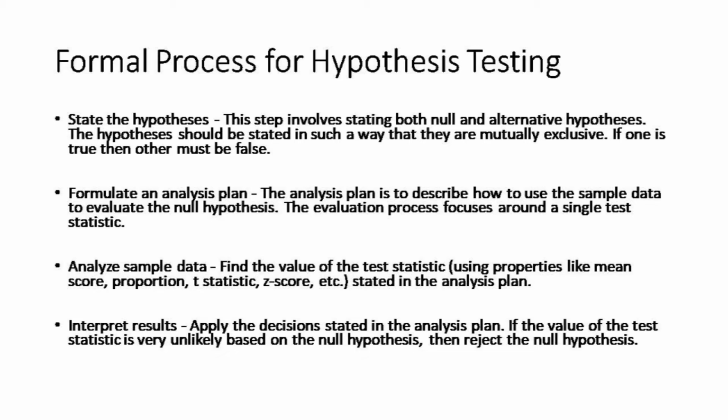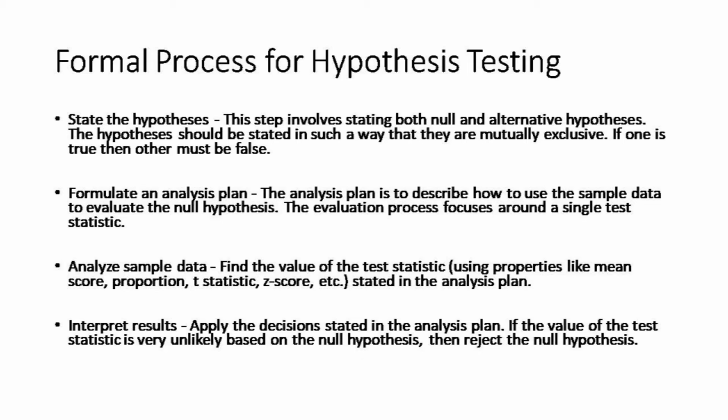Then we analyze the sample data, wherein we find the value of the test statistic as per the analysis plan. In the previous example, we found the value of the test statistic, which is p hat, 33 divided by 200. And then we interpret the results, that is, apply the decisions stated in the analysis plan.